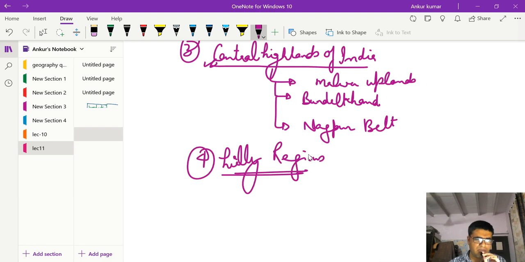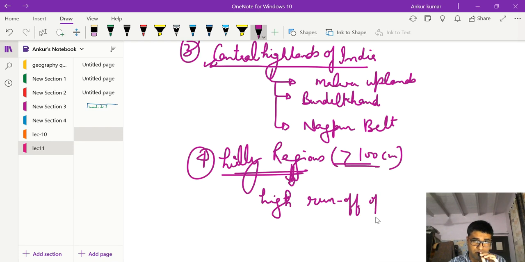Although they are wet regions, rainfall may be more than 100 centimeter, but the problem is the retention of water. High runoff of water is the problem. So these regions will also be included in the dryland farming zone.